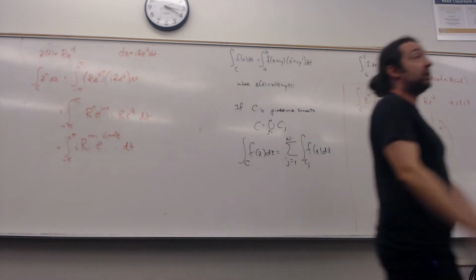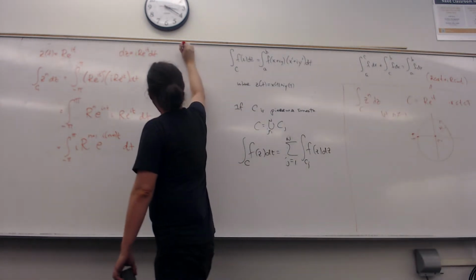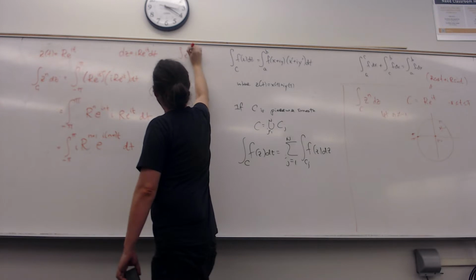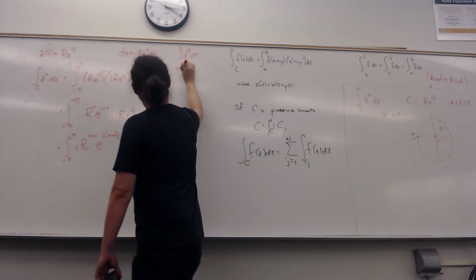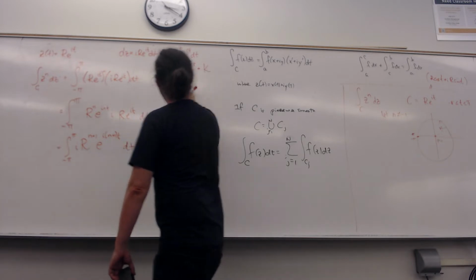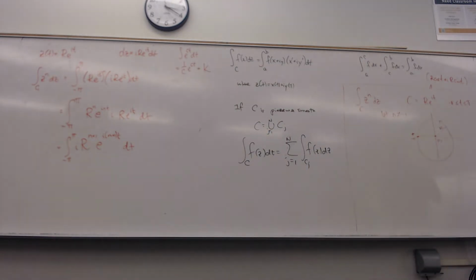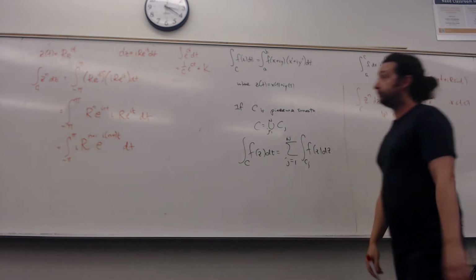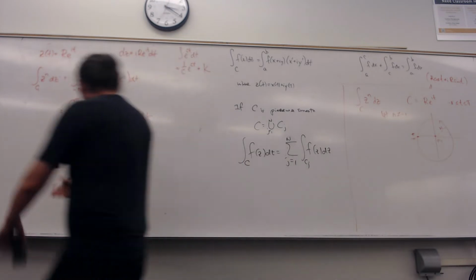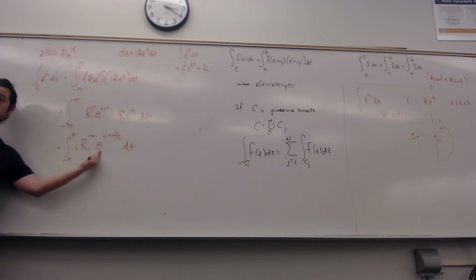Now, this is just a t integral. We're going to use the fact here that even for complex numbers, the integral of e to the ct dt is equal to 1 over c e to the ct plus some constant k. That still works. Integration of any e to the constant times t is just 1 over the constant times e to the ct. So if you actually go through and integrate this, this is way less intimidating than it looks, because all you're integrating is e to the ct.